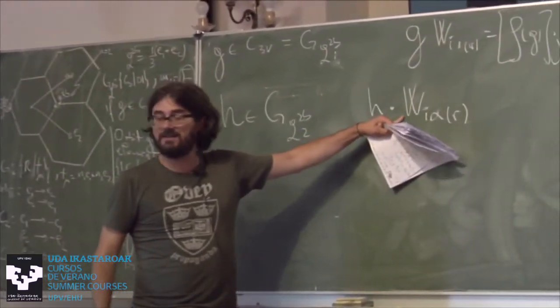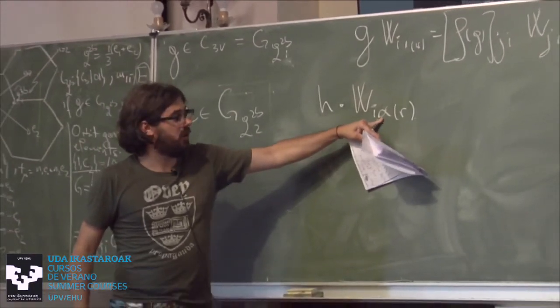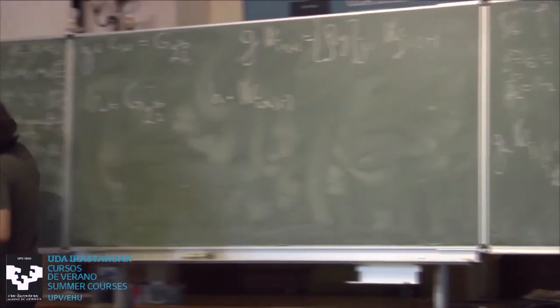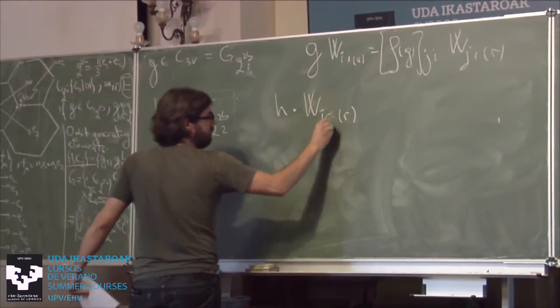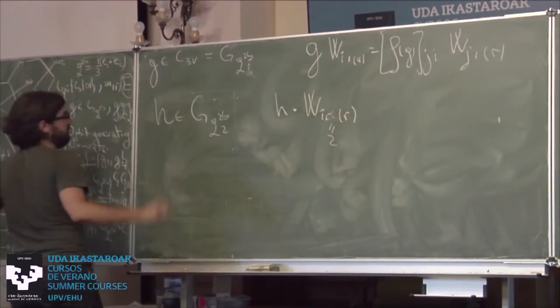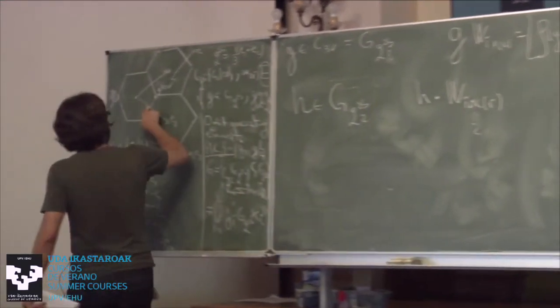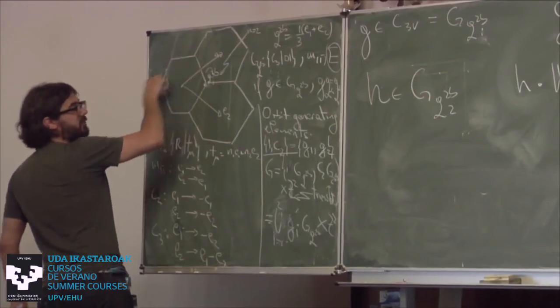I want to know what representation the way it acts here on the Wyckoff position, not 1, but the Wyckoff position 2. So you can make alpha equal to 2 here on this Wyckoff position. But in general, if I chose this Wyckoff position, I would have alpha going from 1, 2, and 3.